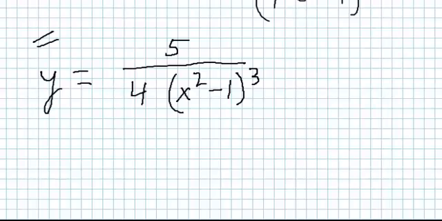Now how might we write this? We got this 5 and this 4 here. Well, not to be undone, 5/4 is a perfectly fine coefficient. So we'll just put that out there.